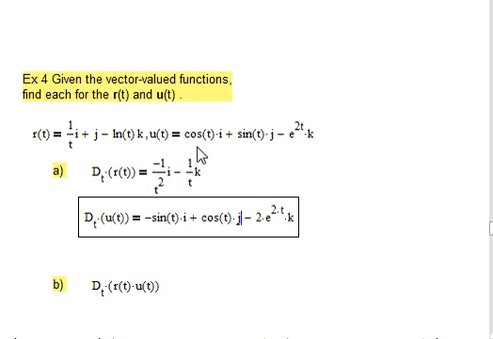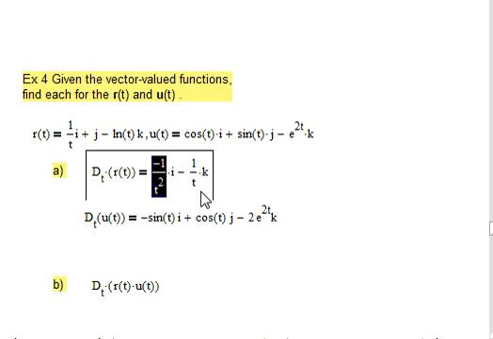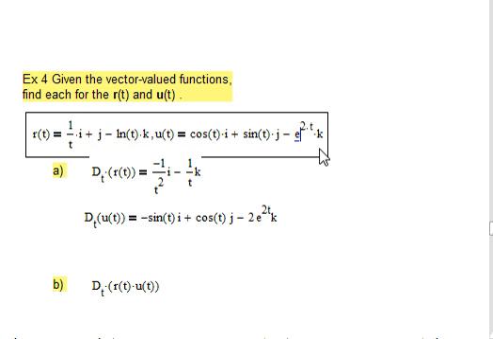Well, wait. I'm doing the wrong thing. It's negative 1 over t squared times cosine t plus 0 times sine of t minus 1 over t times e to the negative 2t.